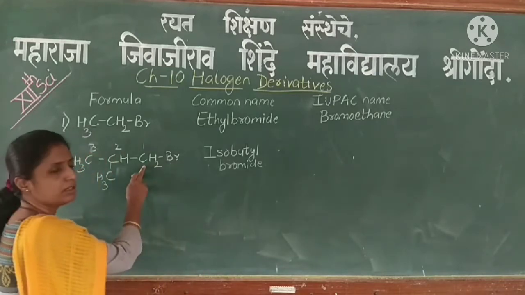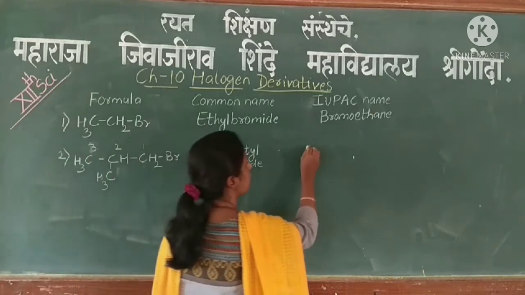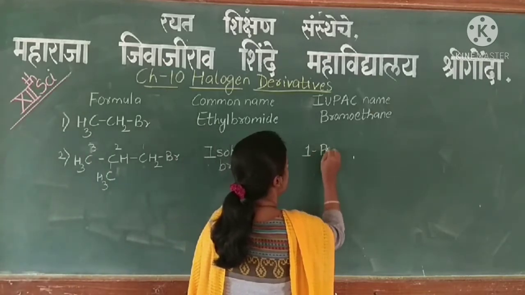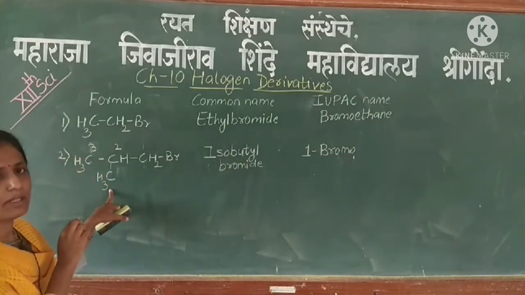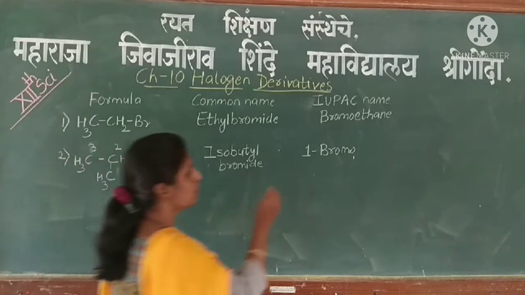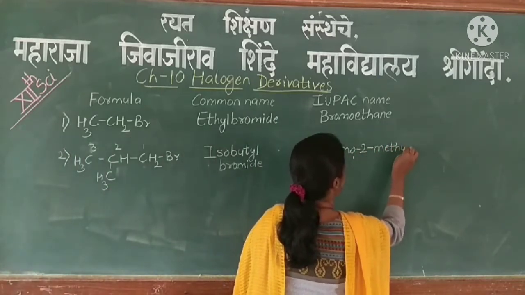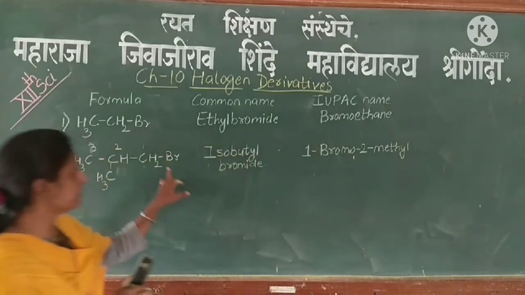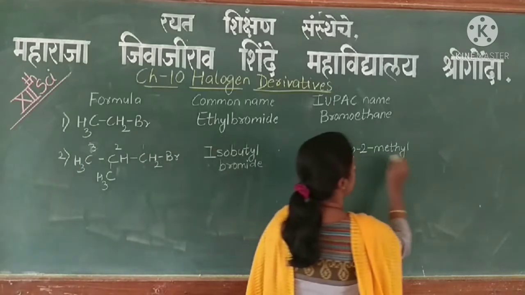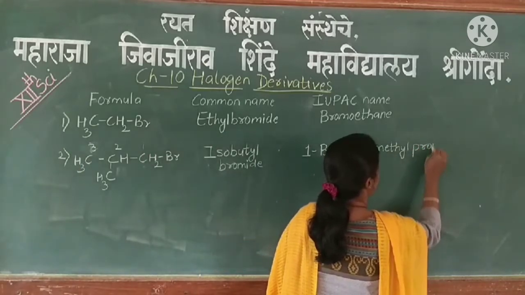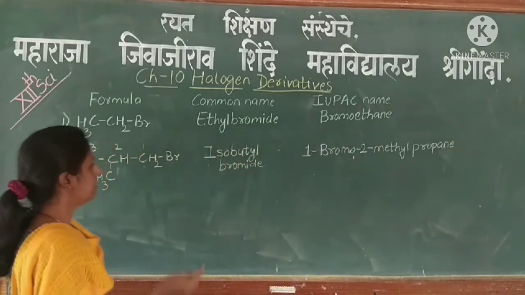The carbon carrying bromine is numbered 1, so 1-bromo. The methyl is attached to the carbon numbered 2, so it will be 2-methyl. And what is the parent chain? It has 3 carbons, so it is propane. 1-bromo-2-methylpropane.